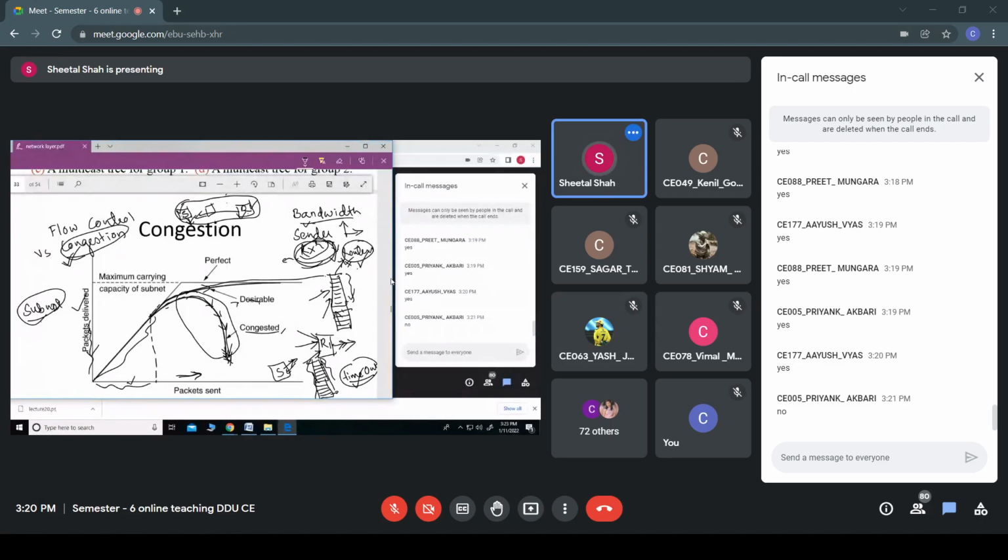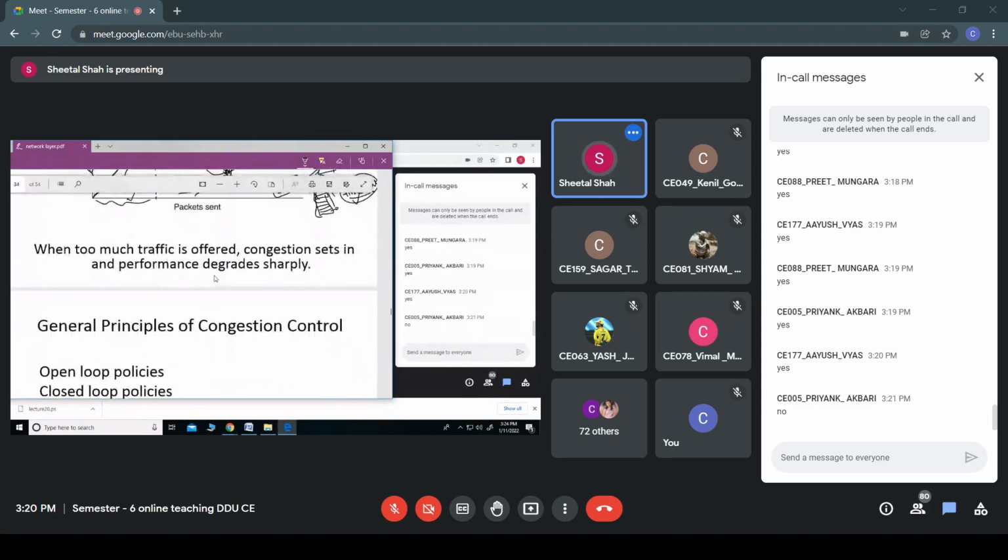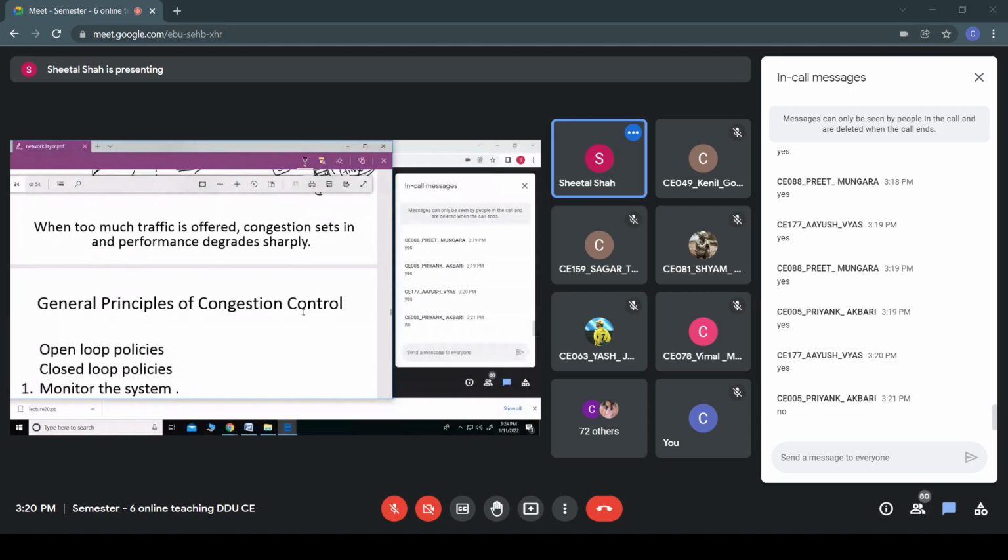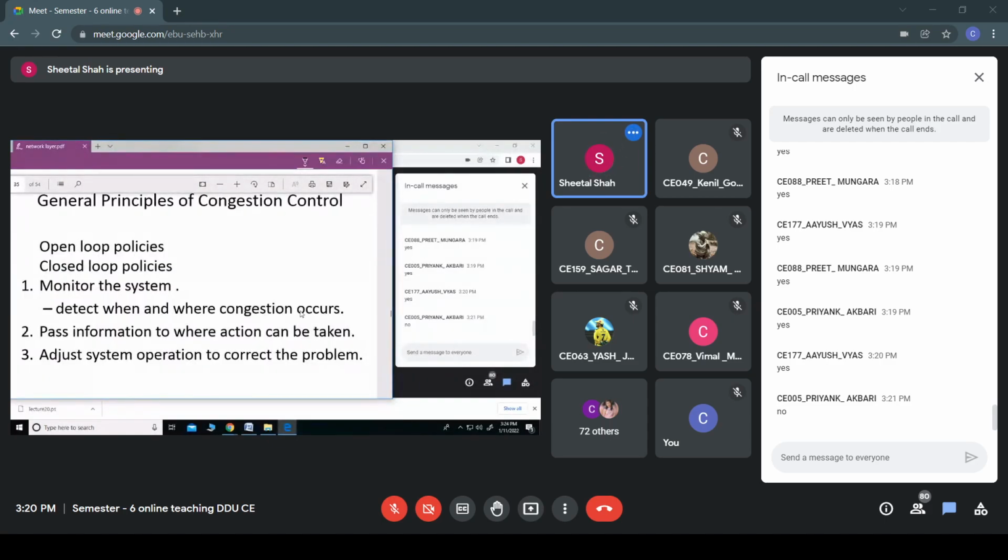Now, there are two types of congestion control. One of them is known as the open loop policies, and the other one is the closed loop policies. In case of open loop policy, it is an attempt to solve the problem before it actually occurs. Some good design should be done before the actual problem occurs.